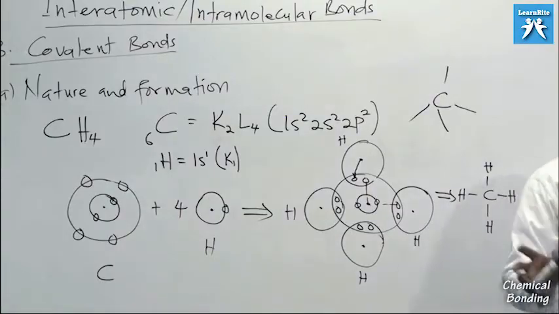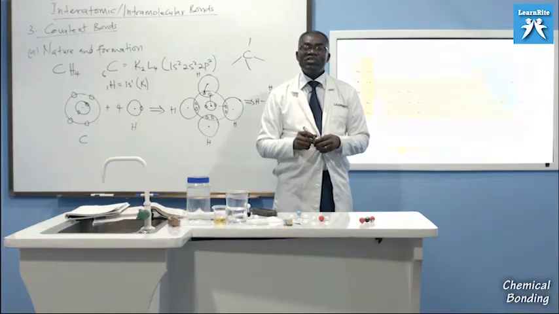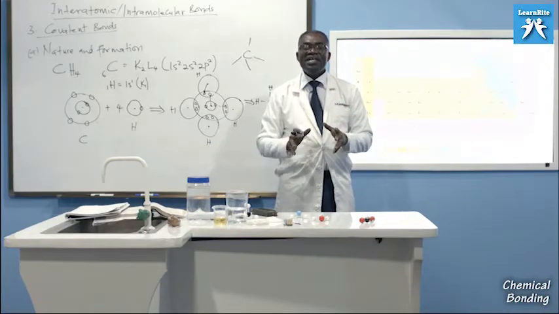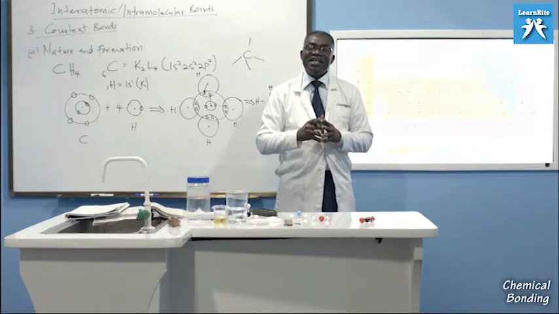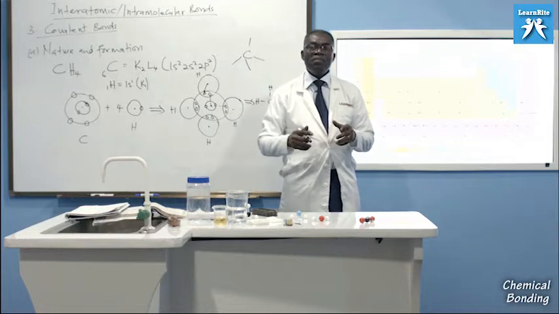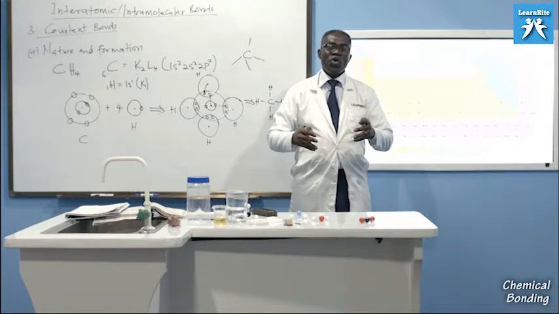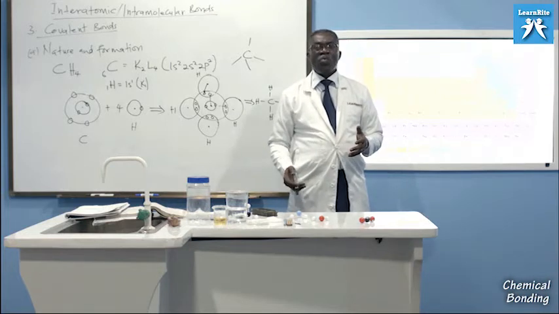From what we have illustrated so far, I want to summarize by telling you that covalent bonds are formed mainly by the nonmetals, starting from group 4 onwards. The bonds are formed among themselves. You take a group 4 element with any other atom, or with hydrogen.